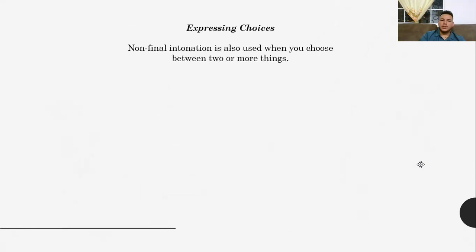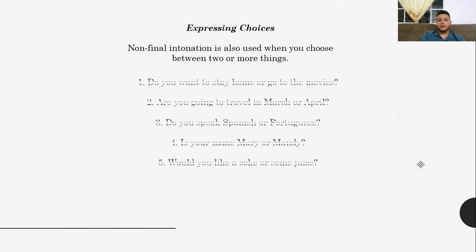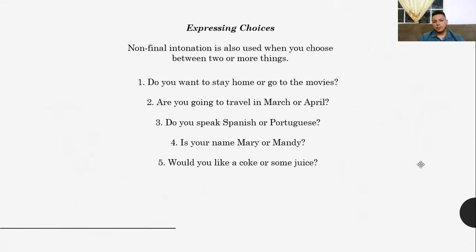And the same happens when we are expressing choices. For example, do you want to stay home or go to the movies? Are you going to travel in March or April? Do you speak Spanish or Portuguese? Is your name Mary or Mandy?